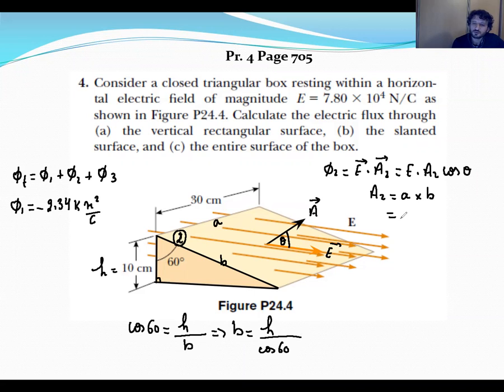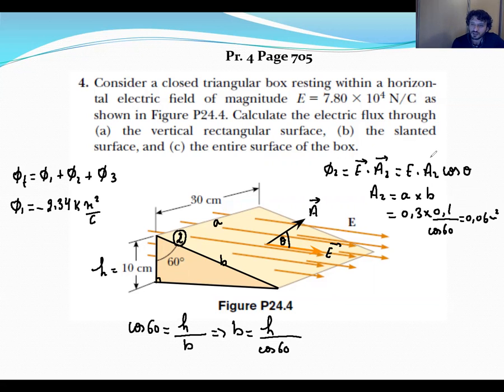So A2 equals 0.3 times H, which is 0.1, divided by cosine 60, which equals 0.06 meter square.